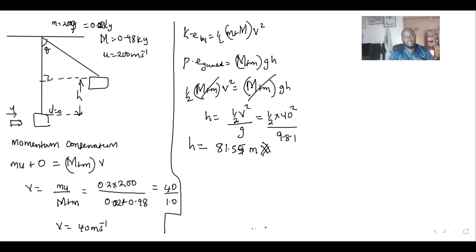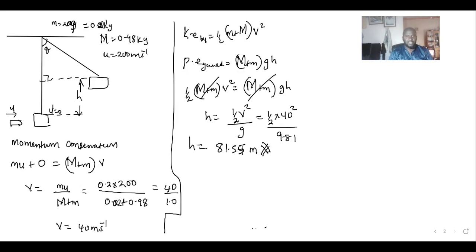Then the question said, how much of the bullet's energy becomes internal energy? Now the bullet's energy, we need to first find the total energy the bullet had before. Then after collision, we find the total energy. So the difference in energy becomes what we call the internal energy.